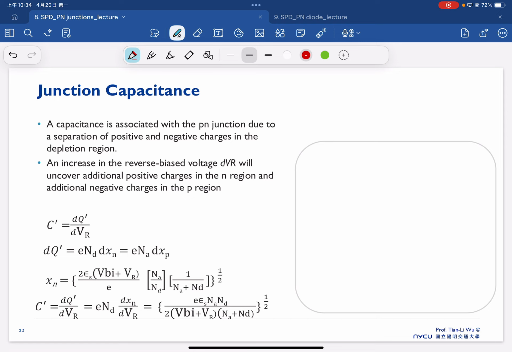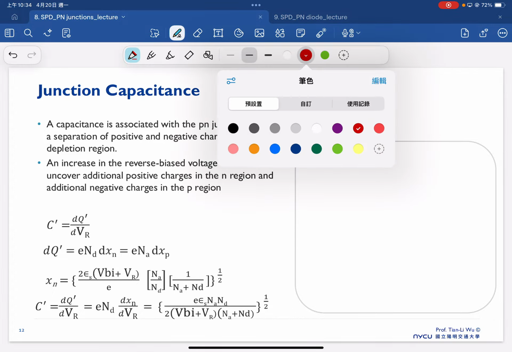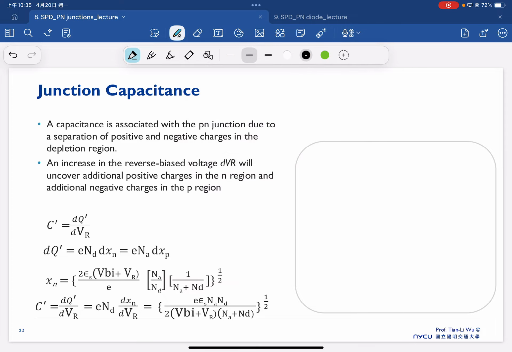first we recap a bit about the charge distribution inside this PN junction. We have the charge distribution in the N region with a constant positive charge.